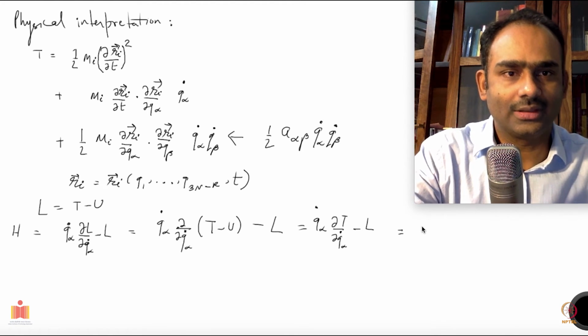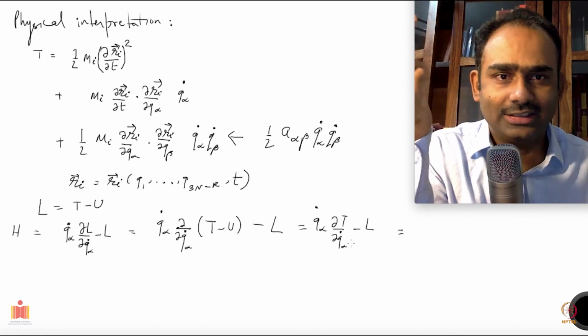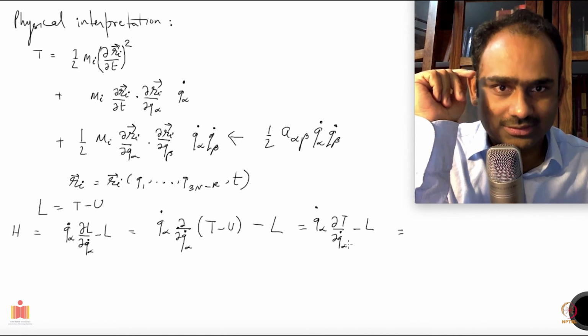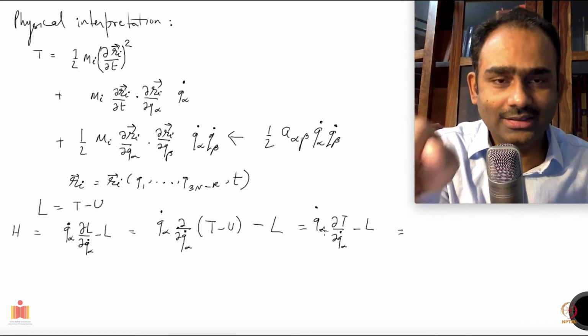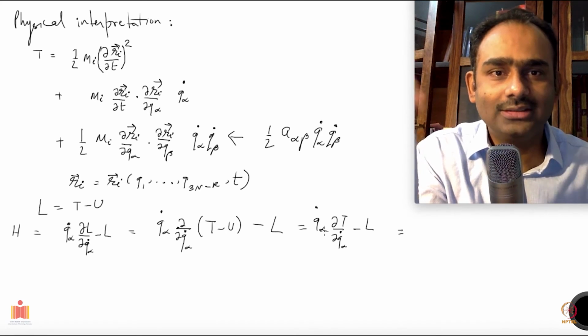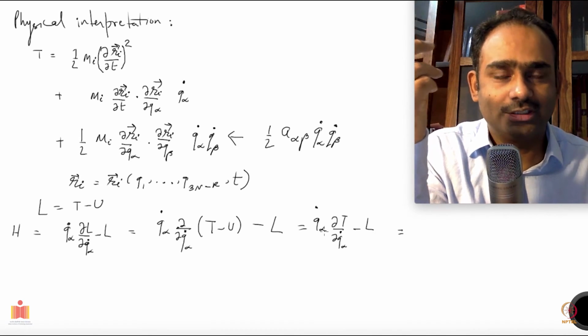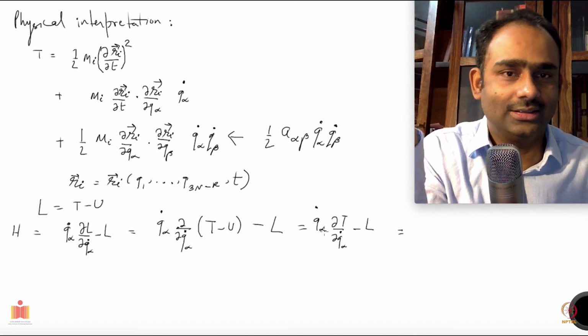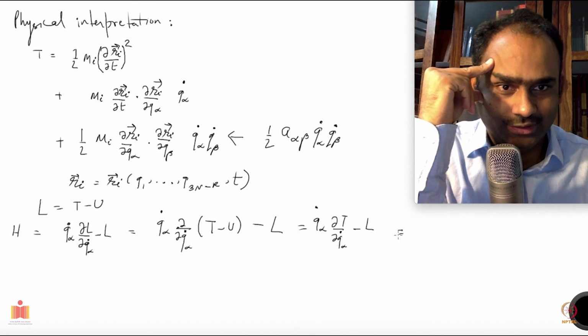Okay, now we will use our Euler's theorem, which says that if you take a partial derivative and insert that coordinate again, and sum over all the coordinates, then if the function is homogeneous, you'll get the same function back multiplied by the degree of that function. So what do we get?